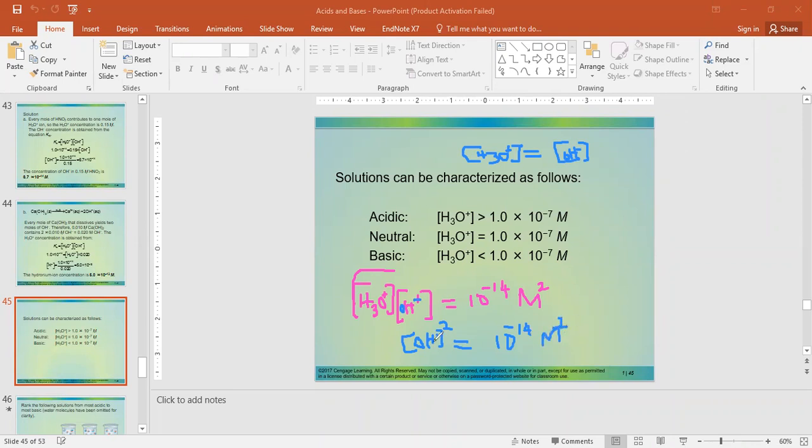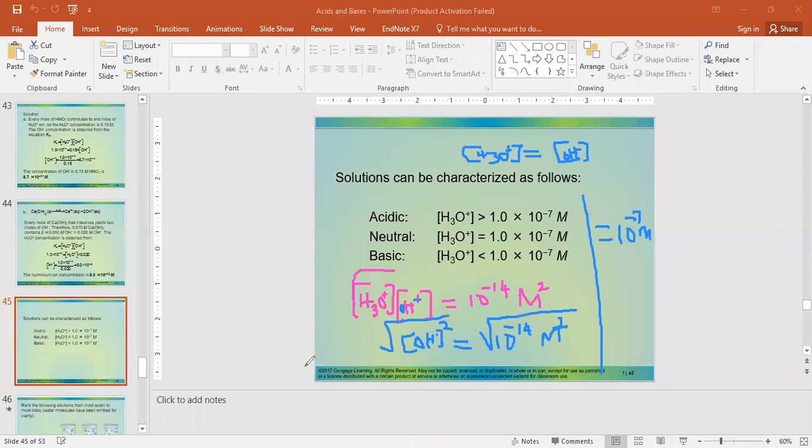To get the concentration of the hydroxyl ions, we get the square root of both sides. Once we do that, we get 10 to the power negative 7 molar.